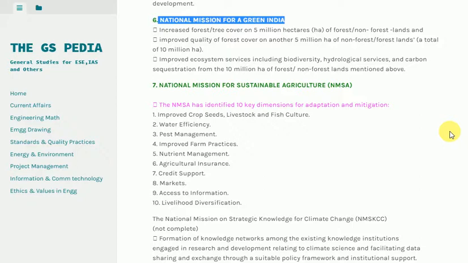Pest management. 4. Improved farm practices. 5. Nutrient management. 6. Agricultural insurance. 7. Credit support. 8. Markets. 9. Access to information. 10.